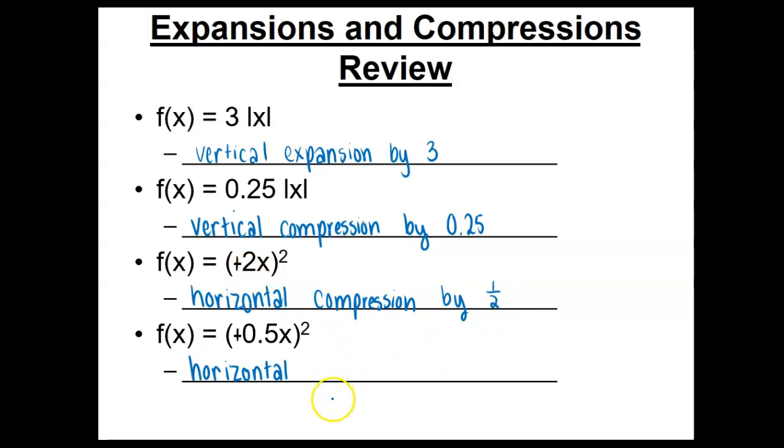So then, Lupita, for the last one, this is going to be horizontal. Is it going to be an expansion or a compression? It's going to be expansion because a small number makes it bigger whenever it's on the inside. So it's going to be expansion. By what factor, Lupita?